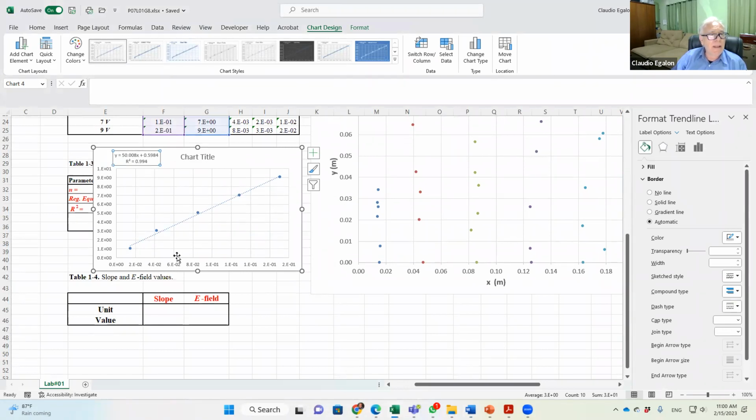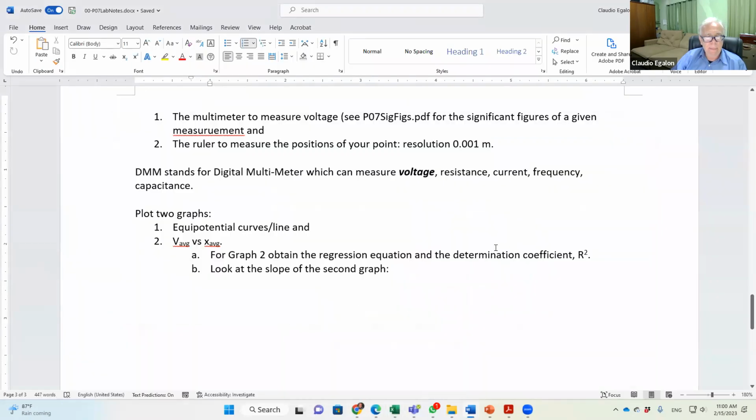You must know what the unit of this slope is as well. The unit of the slope is the unit of the vertical axis divided by the unit of the horizontal axis. So the unit of this slope is going to be 50.008 volts per meter. That's what the unit is.